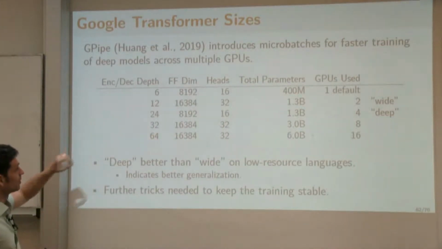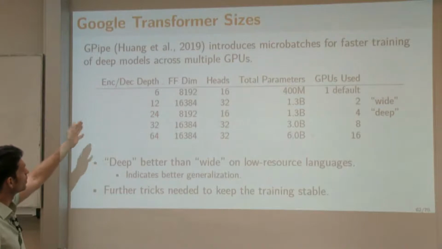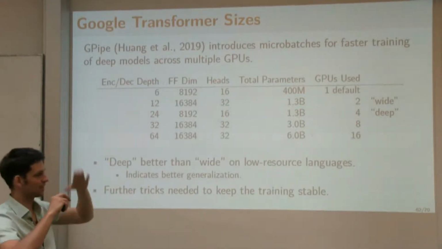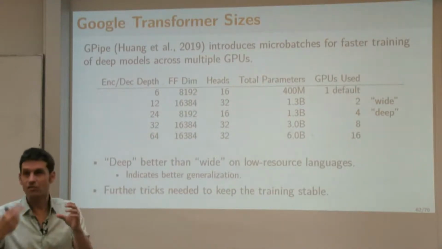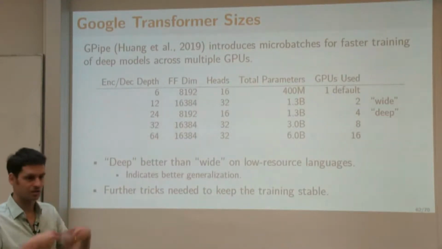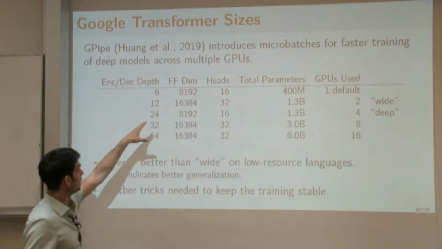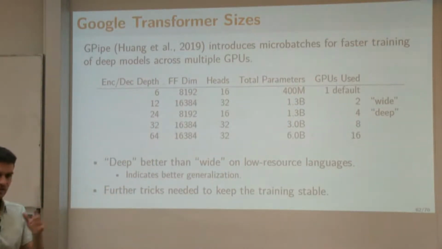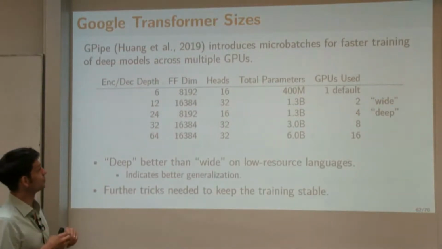The default is to use just one GPU on which you can fit 6 layers of encoder and 6 layers of decoder, so 12 layers as such. Each of these layers is actually multiple layers, the 2 sublayers of the encoder and 3 sublayers of the decoder. Then, by default, there are 8,000 vector elements in the feed-forward network, and the default is to use 16 heads.